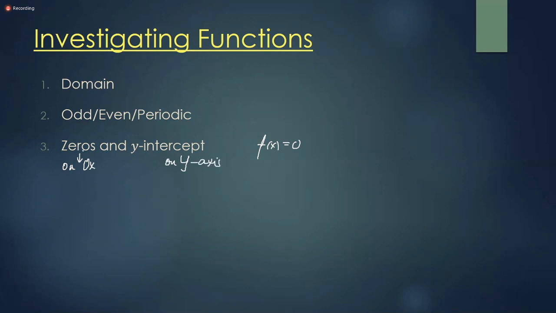So for zeros, you solve an equation. For the y-intercept, you simply put x equals 0 and you find y. Those points are very good to put in the graph. These are the first points that you can mark in the graph. The intersection points with the axes, in other words. These are intersections with axes.